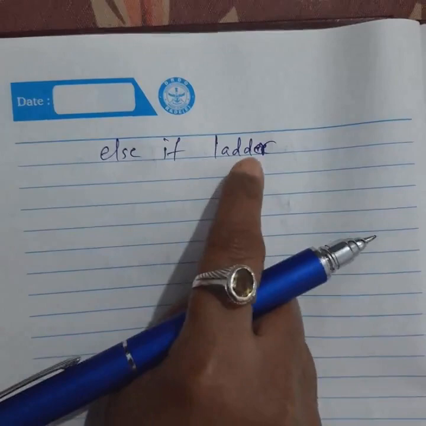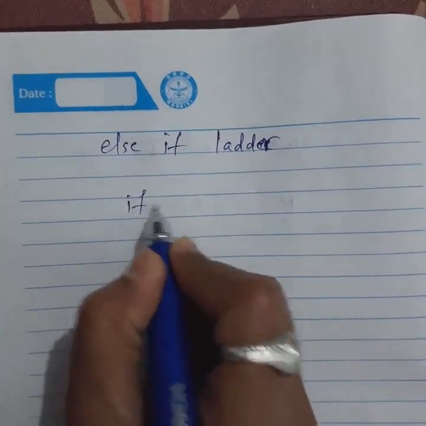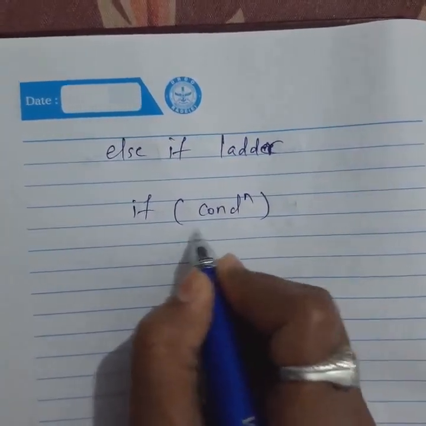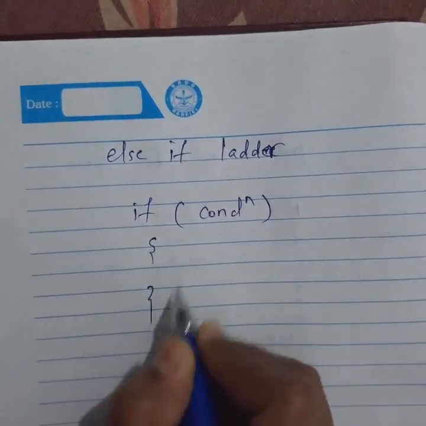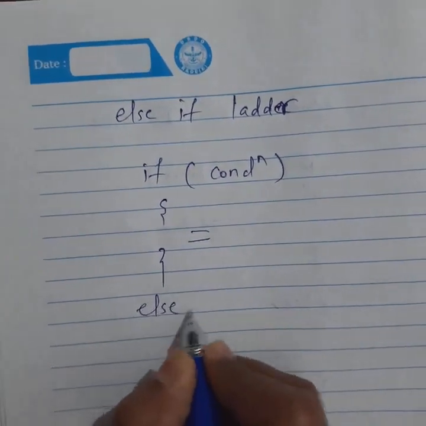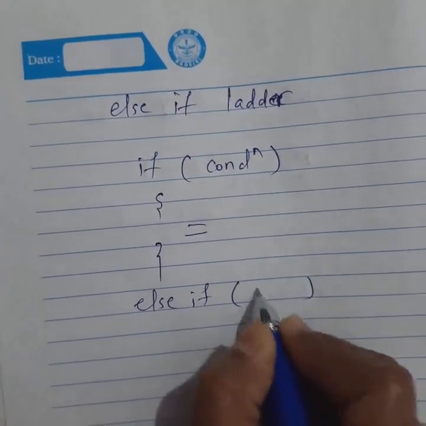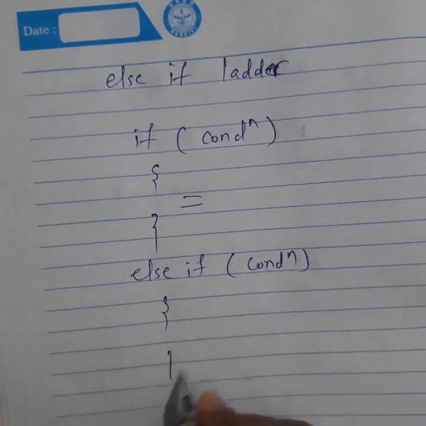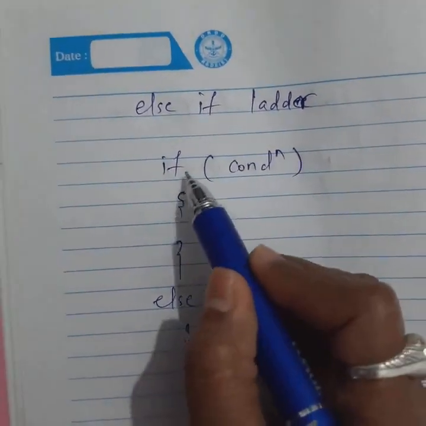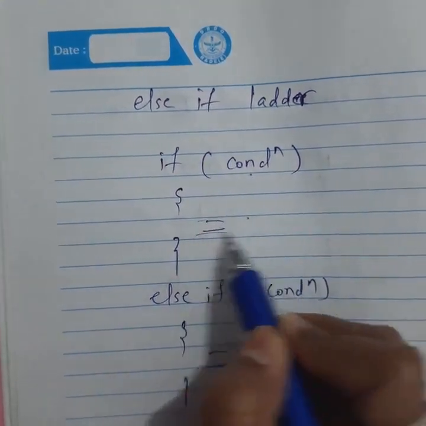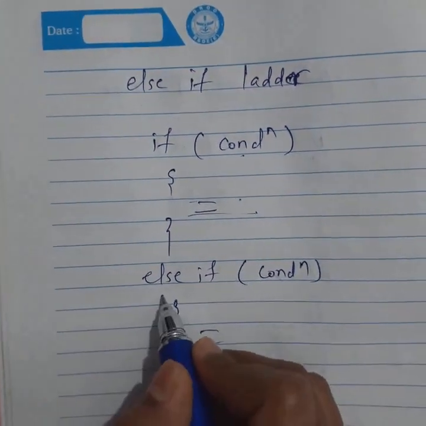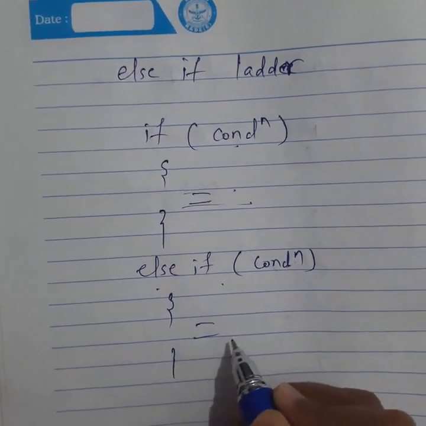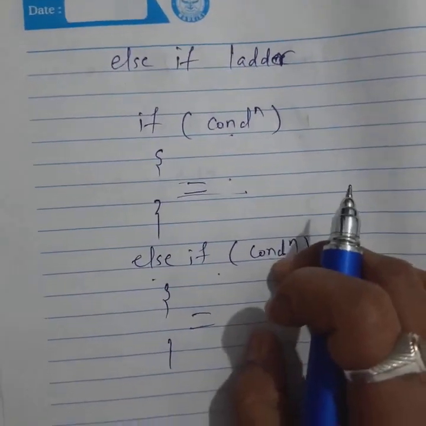For that, the starting is the same as the if else statement: the if condition statement will come here. After that, again else if, where we write another condition. If this condition is true, the else if statement will run. If the starting if condition is true, the if statement will execute. After that, if the else if condition is true, the else if statement will execute.